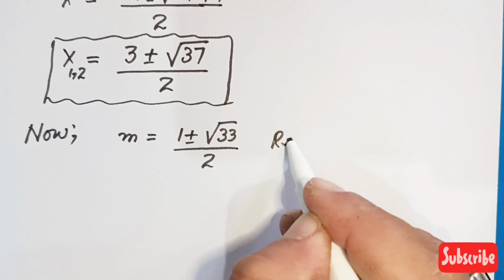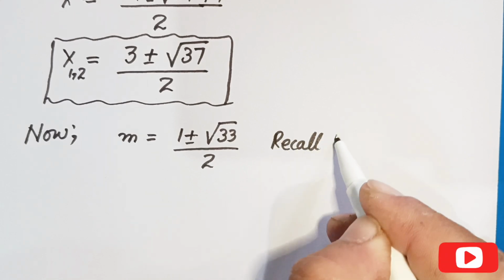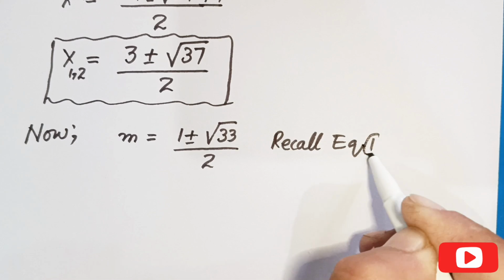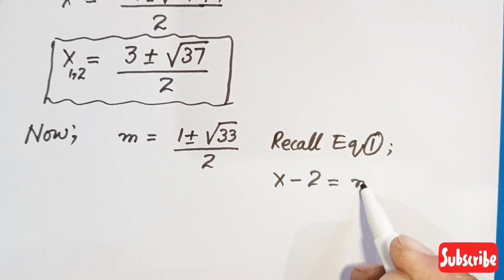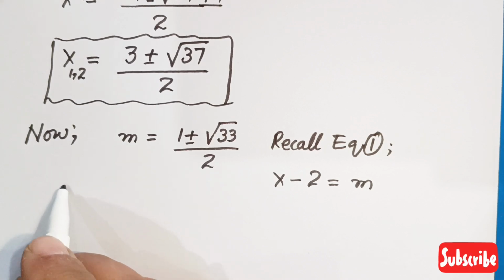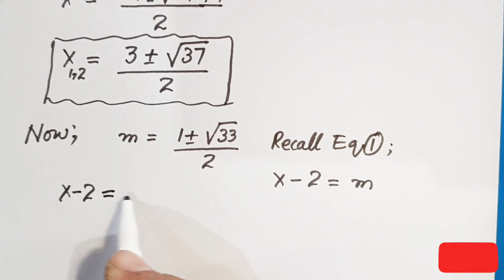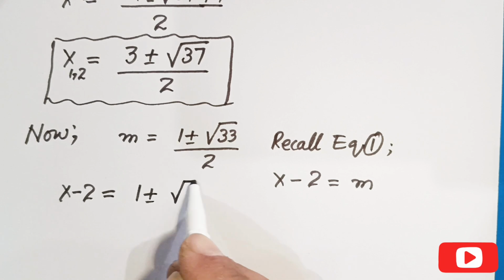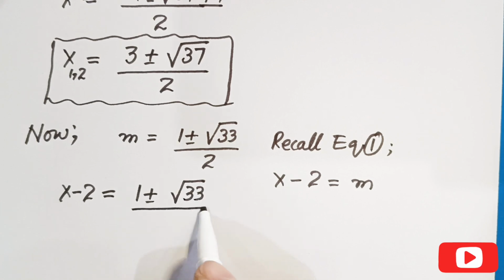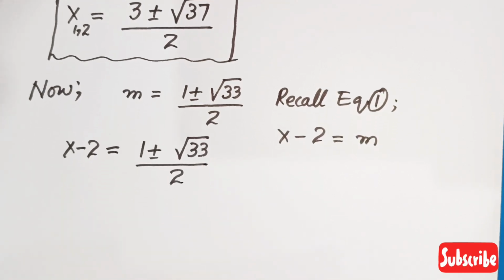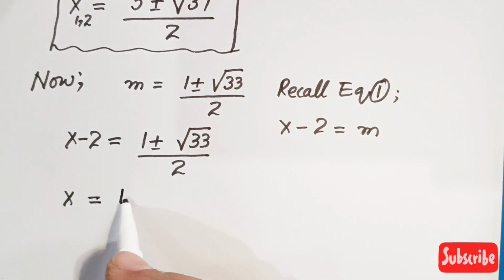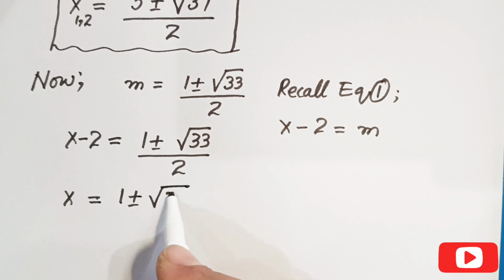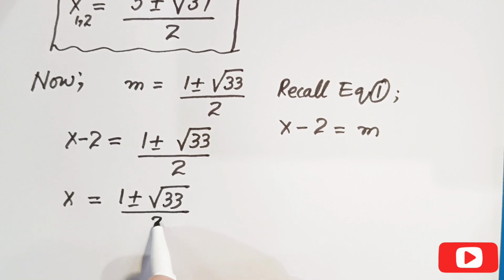Now again recall our equation number 1. Our equation 1 is x minus 2 is equal to m. Putting here the value of m, x minus 2 is equal to 1 plus minus square root of 33 all over 2. Now shifting this minus 2 to our right hand side, we get 1 plus minus square root of 33 all over 2 and plus 2.